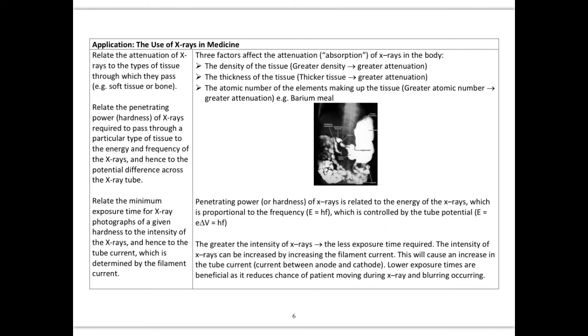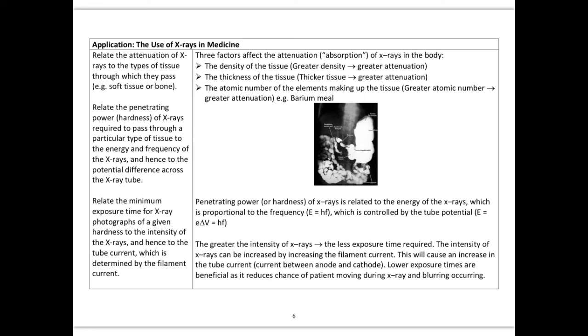We talked about that in the last slide. So if we increase that high voltage power supply, the delta V, we'll increase that energy, which will increase the frequency of the X-ray. So the greater the frequency, the greater the energy, the further it can penetrate through our flesh.